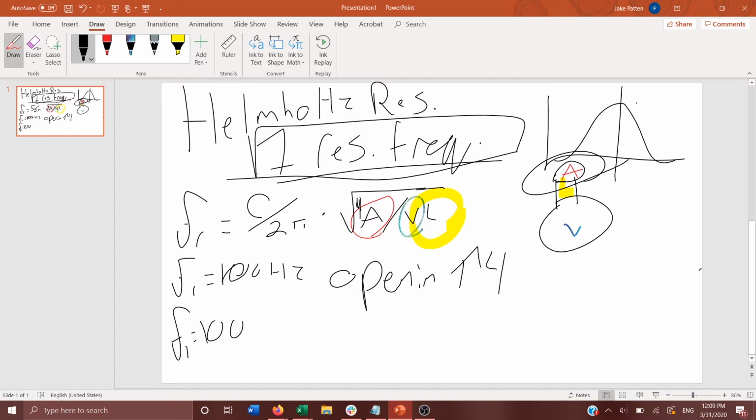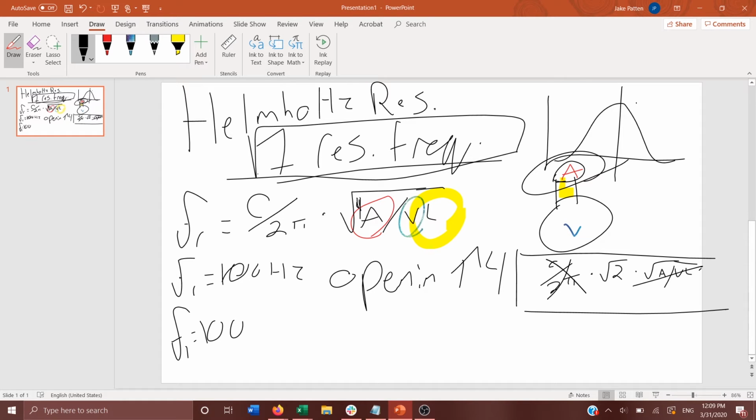You're going to rewrite it, let's make a little box where we're doing a rewrite, as C over 2 pi multiplied by the square root of 4 multiplied by the square root of A over VL.